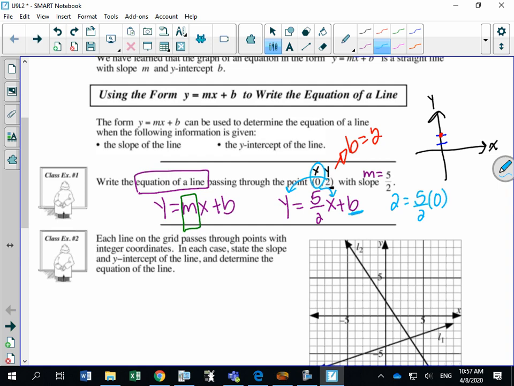If they give you a point, you could plug that into x and y, plus b. From here, I have 2 is equal to, anything times 0 is 0, plus b, so b is equal to 2. So the equation of my line is y is equal to 5 over 2 x plus 2.